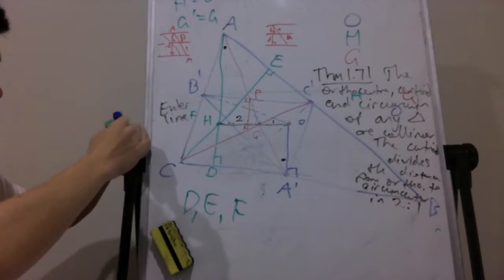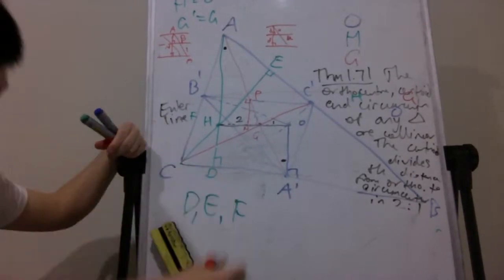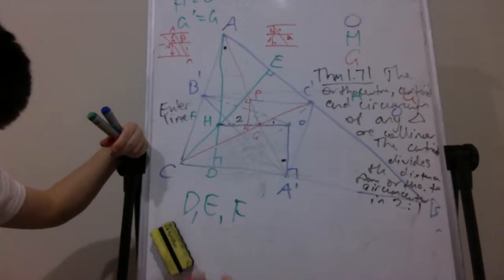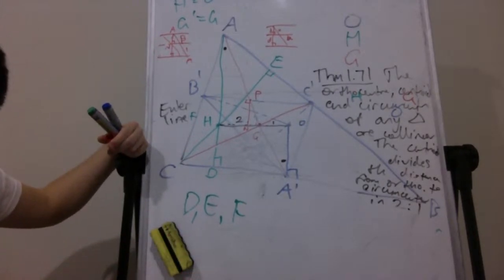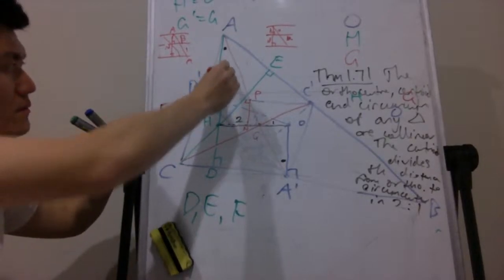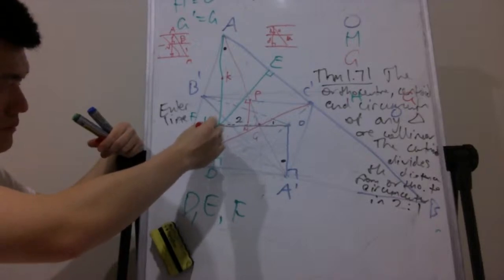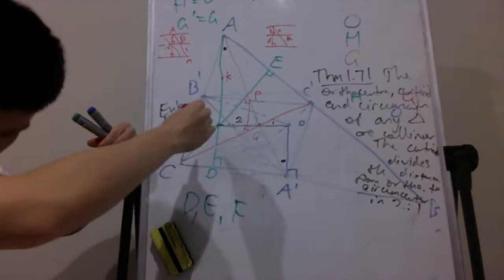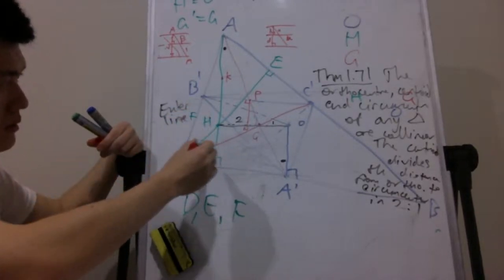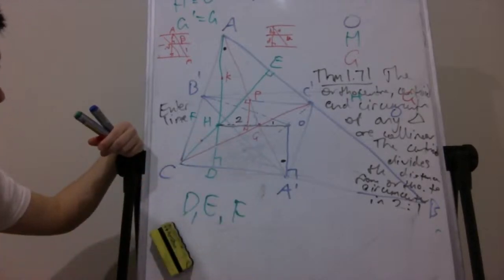Alright, what should we do with that? K, L, and M. That's what they did. So K, L, and M. We only need K here, and that's M. We don't want to put in L because this is L, but L is confusing, so use M and pretend the other one's L.